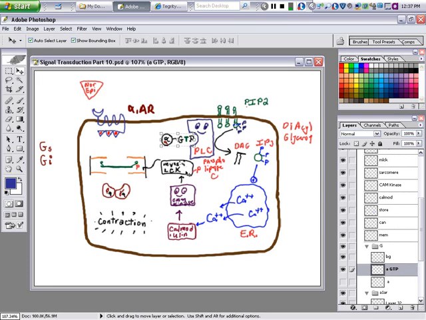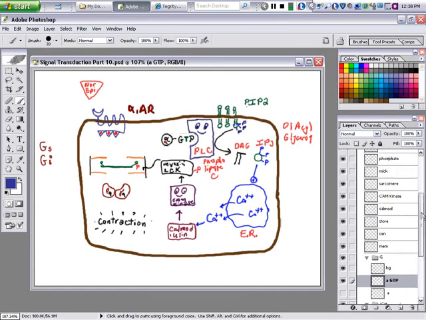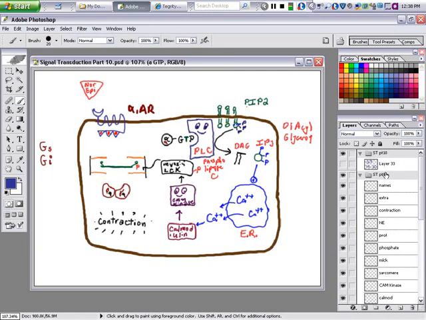Then myosin light chain kinase phosphorylates the myosin light chain, and then we get contraction. That's how the alpha-1 adrenergic receptor works. So I'm going to give you a little phrase to help you remember that alpha-1 goes with Q.